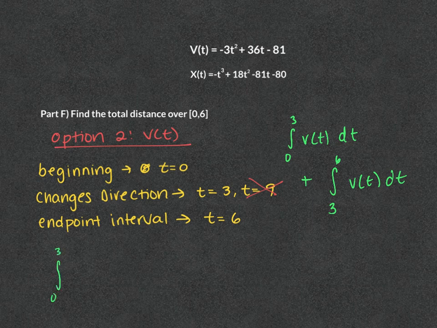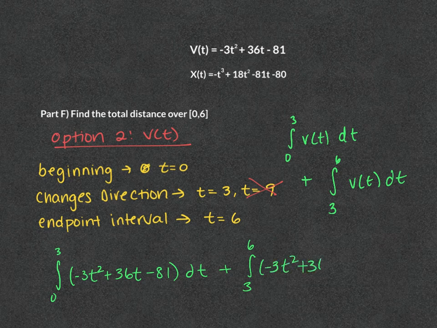So 0 to 3 of negative 3t squared plus 36t minus 81 dt plus the integral from 3 to 6 of negative 3t squared plus 36t minus 81 dt. Now I'm going to use the calculator and I'm going to use Math 9 to type these in. So why don't you try that on your own first and then hit resume when you're ready to continue.